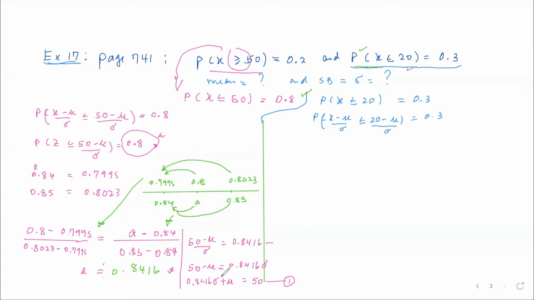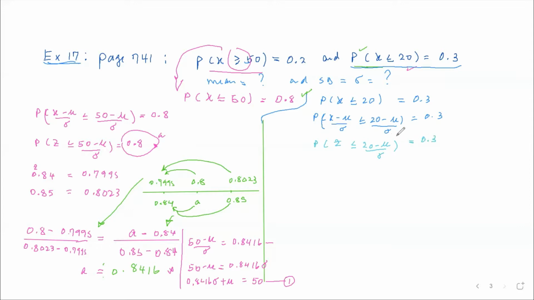And then to solve for standard deviation and the mu. From this one, come back here. Continue this one. So we have P of the whole thing, the Z score, already is less than (20 minus mu) over SD equal to 0.3.